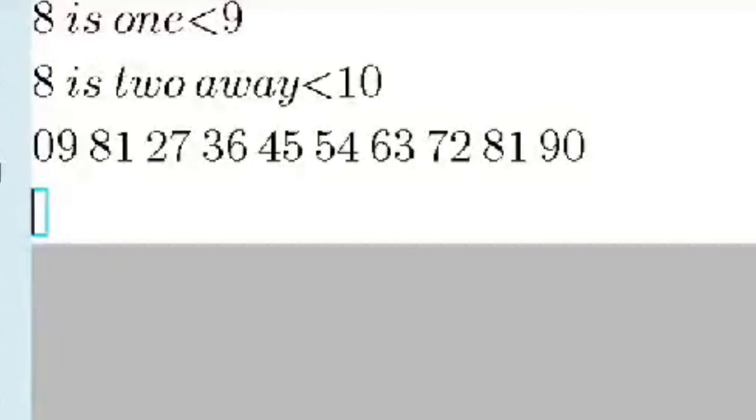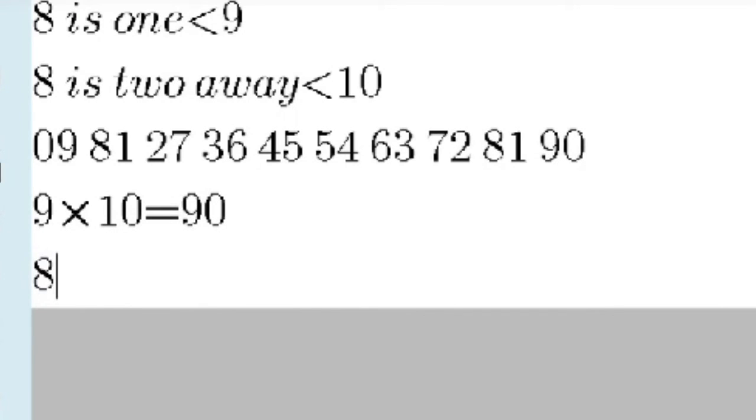Now let's go over to the last example. If 9 times 10 equals 90, what will 8 times 10 be? This is equal to, from the first rule, subtract 1 from the left hand side, which is 9 minus 1, which is equal to 8.